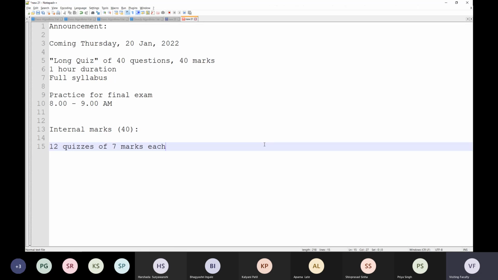For example, the first 2 quizzes were maybe of 14 marks. Last time's quiz was in 2 parts, both parts had 7 marks, if you remember. So those parts are thought of as different quizzes. Total we have 12 quizzes of 7 marks each, and I will take the top 5 scores, and that gives me 35. Total out of 35 marks.